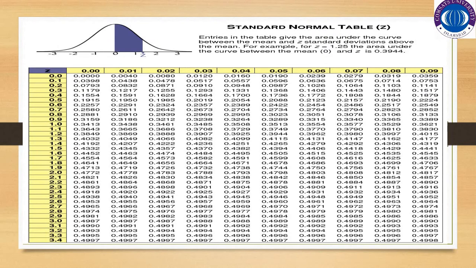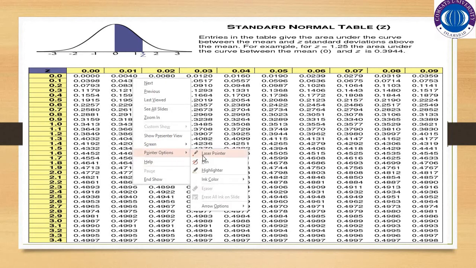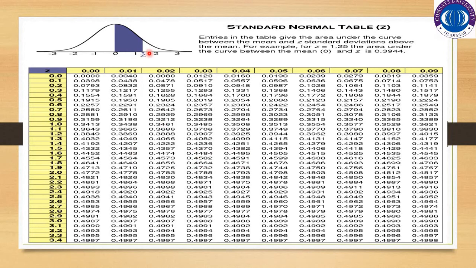table. Now, this is the table we have. In the previous lecture, we have studied how to calculate this particular probability or area, or how to find out this area when we know the specific value of z, and this table is giving us the area between mean and some specific value z, which we have discussed in the previous lecture.